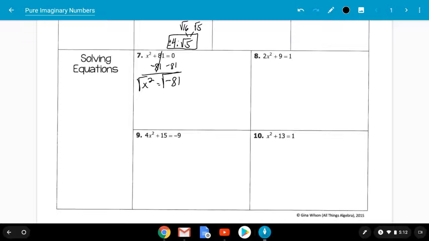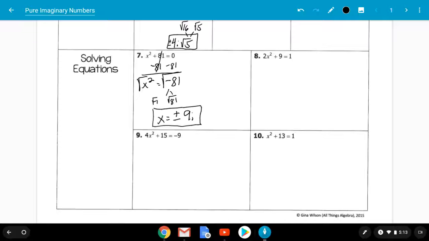In this case, I've got to factor out the square root of negative 1. I've got the square root of 81, and that's a perfect square, so that's 9. So I would have x equals plus or minus 9. And don't forget the i, because I factored out a square root of negative 1.